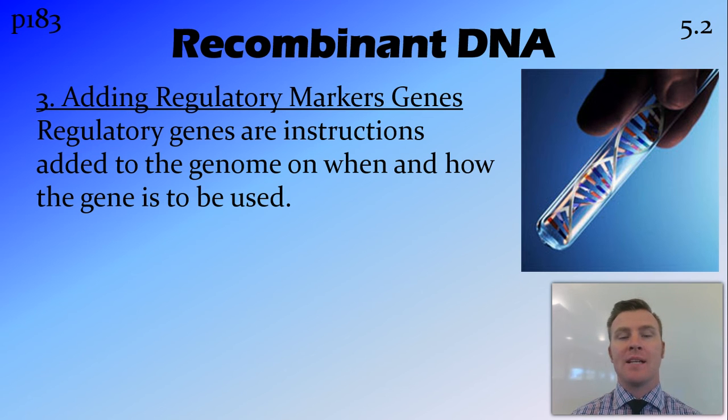So when we're cutting that gene out of the species, that gene that we want, we may need to add other parts to that genome that tell the new organism when to switch on and when to switch off that gene. So we add these regulatory marker genes to our gene that we've already isolated.